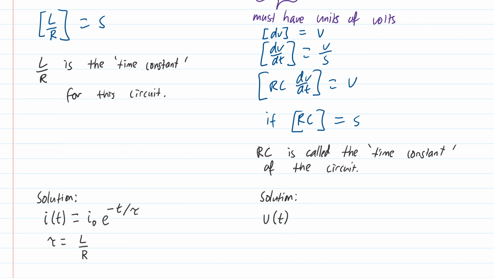It's just expressed in terms of voltage. It'll be an initial voltage times e to the minus t divided by tau, where tau, our time constant, is just R times C.